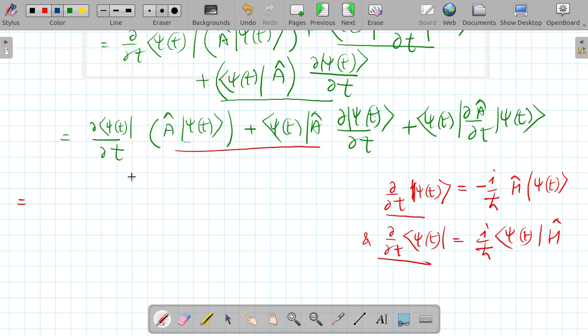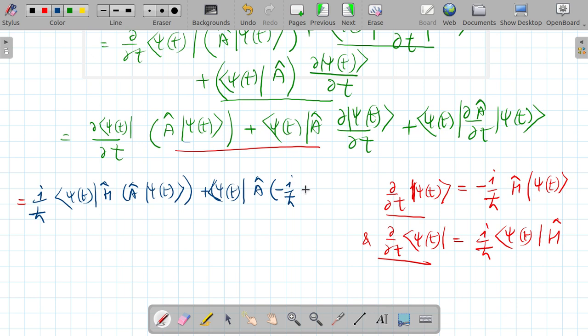If I put their values here, then iota by h cross can be taken outside, and it is psi t, H operator, A operator, psi t, right, plus psi t, and this is A operator minus iota by h cross, H operator, psi t.